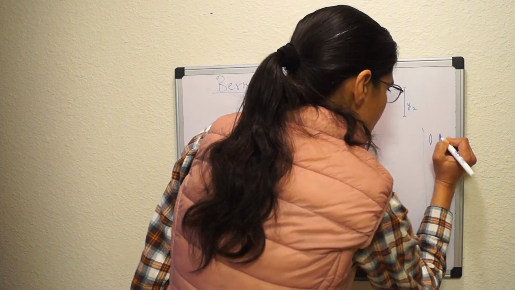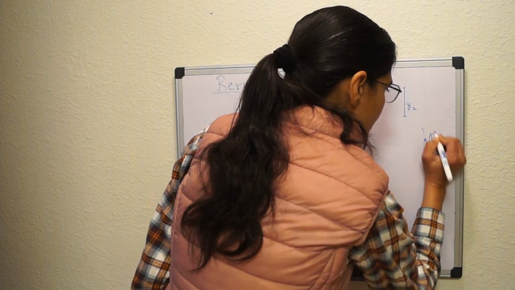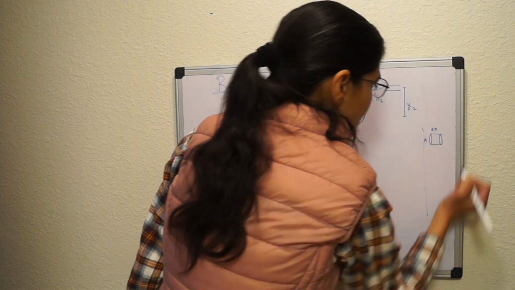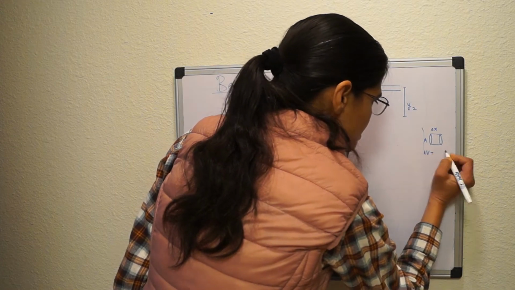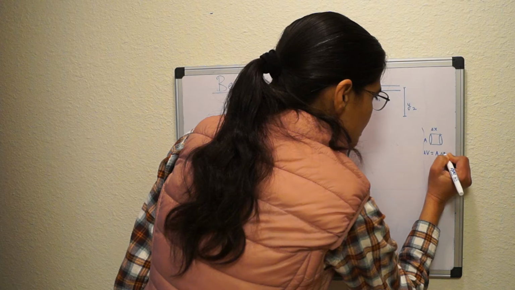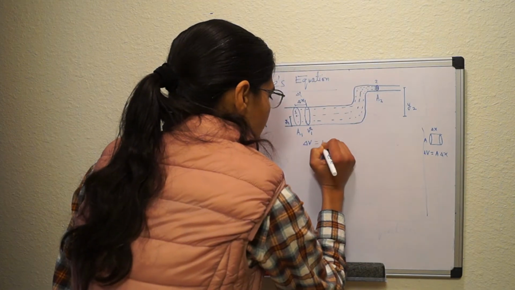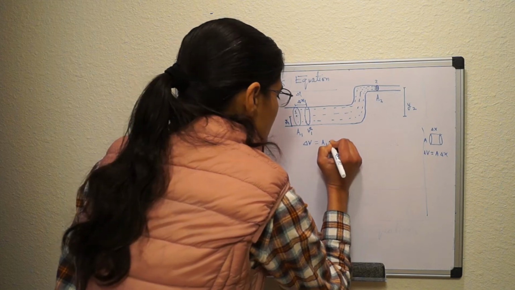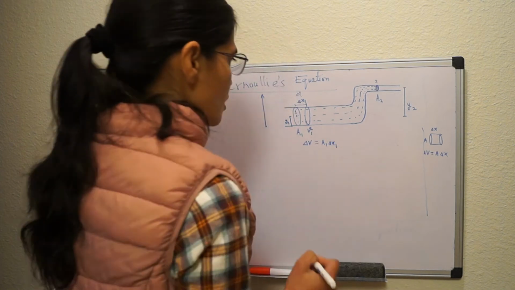It has a cross-sectional area A, and the length of the cylinder is delta x, okay? So the volume delta V becomes simply area times delta x, alright? So the volume is then A1 times delta x1, alright?